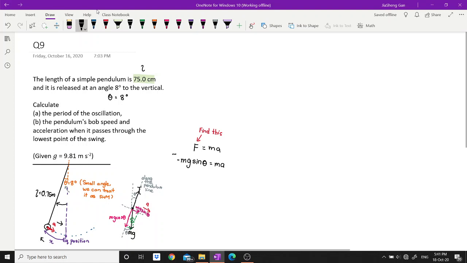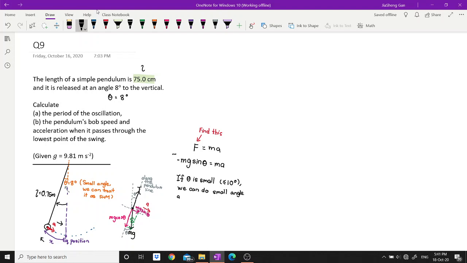Now, if theta is small, small is about less than 10 degrees, we can do small angle approximation.